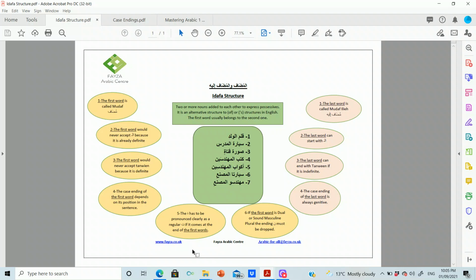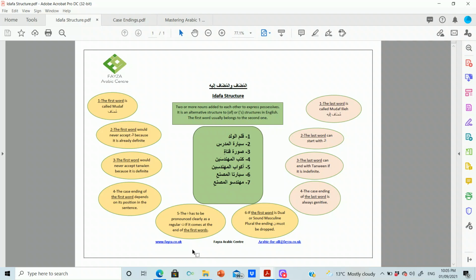The second yellow circle is talking about the fact that the first word would never accept alif lam at the beginning. I would never start the first word of an Idafa structure with alif lam. And the reason for this is that we have already made the first word definite by adding it to the second word. So when I say qalam al-walad, I'm not talking about any pen. I'm talking about the pen that belongs to the boy.